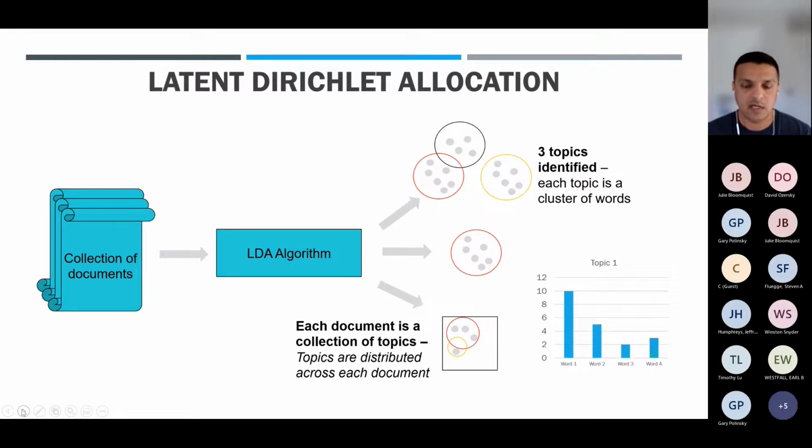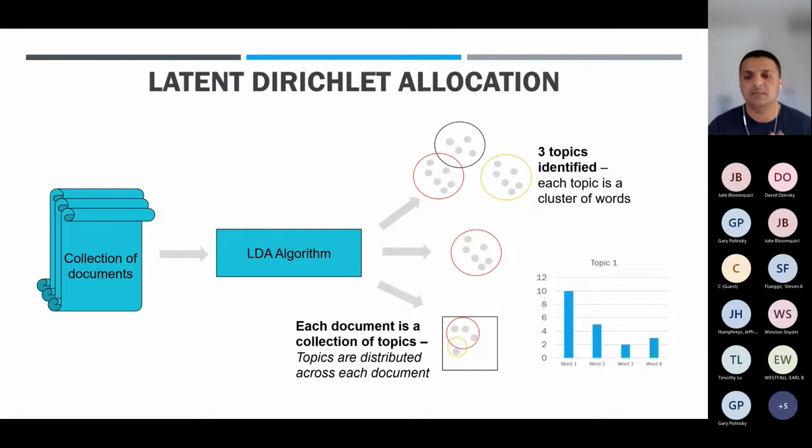I'm going to now refer to it with its abbreviation LDA because the full name is quite a mouthful. Okay, so the LDA algorithm does its magic. It implements a few techniques that we are going to deep dive into.